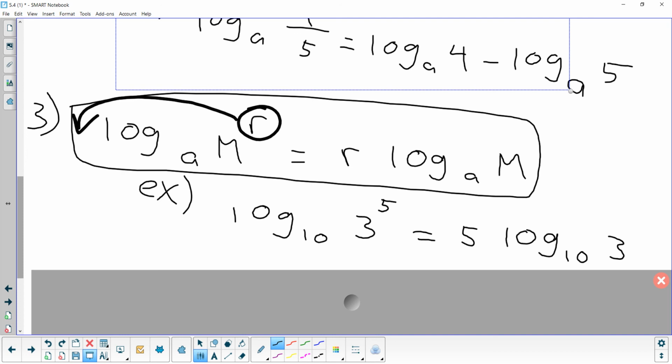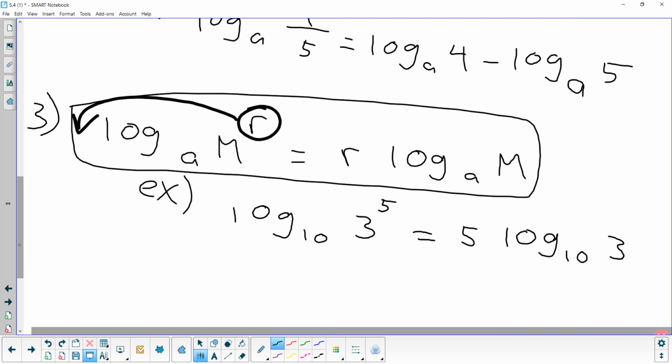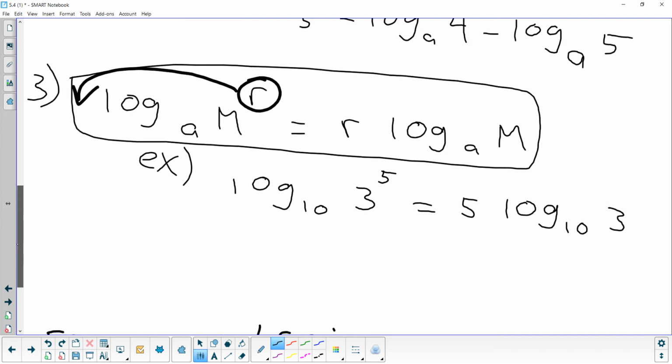That would be 5 times log base 10 of 3. So let's see why that's true. That's actually pretty easy to show. What does 3 to the 5th really mean? 3 times 3 times 3 times 3 times 3.